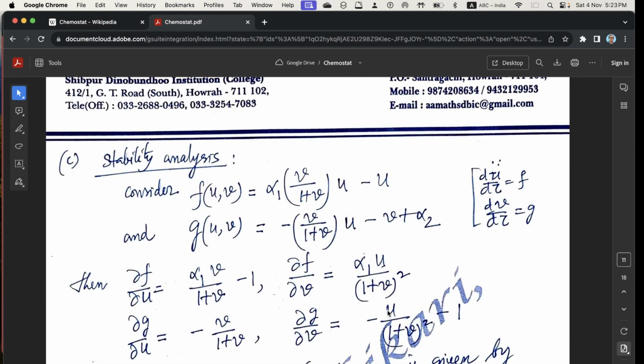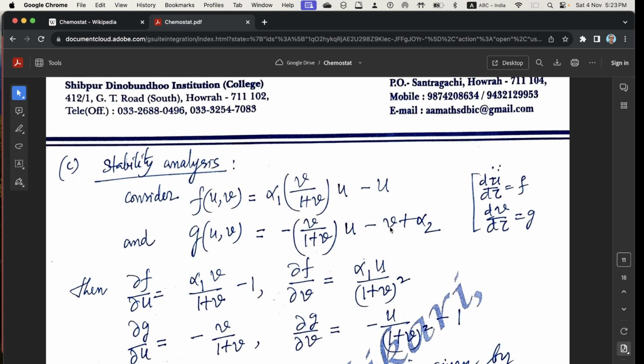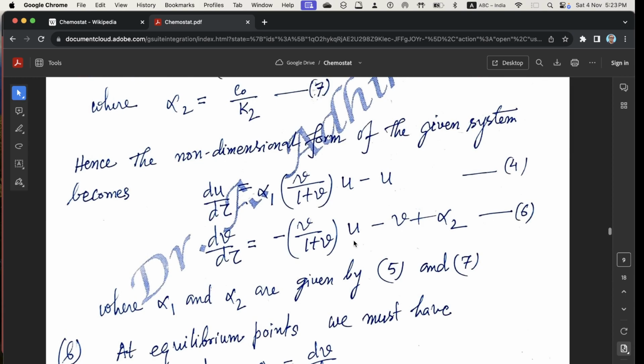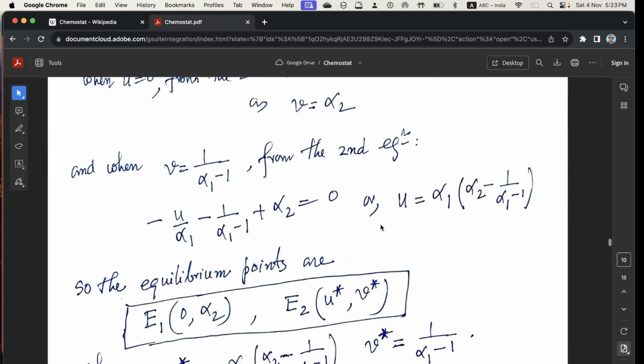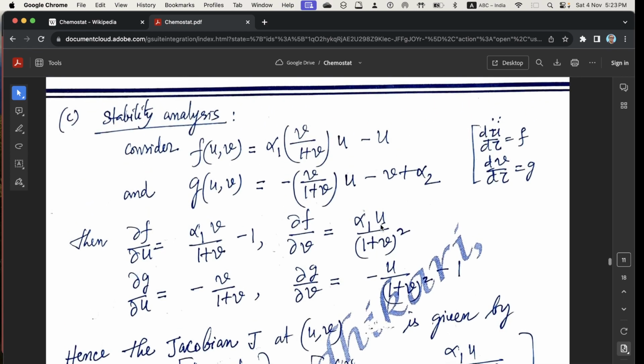Now, stability analysis. Consider f the right hand side of non-dimensional equation 4, and g the right hand side of non-dimensional equation 6. This is called f, and this is called g, functions of u and v. Then we find del f del u, del f del v, del g del u, del g del v.